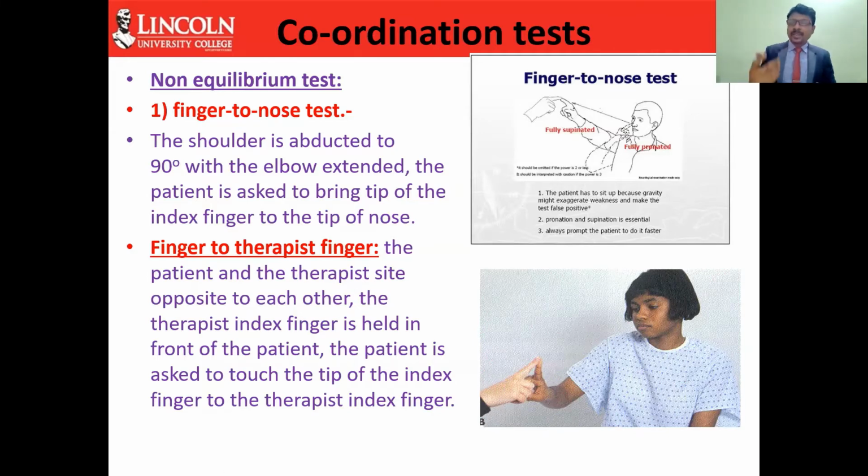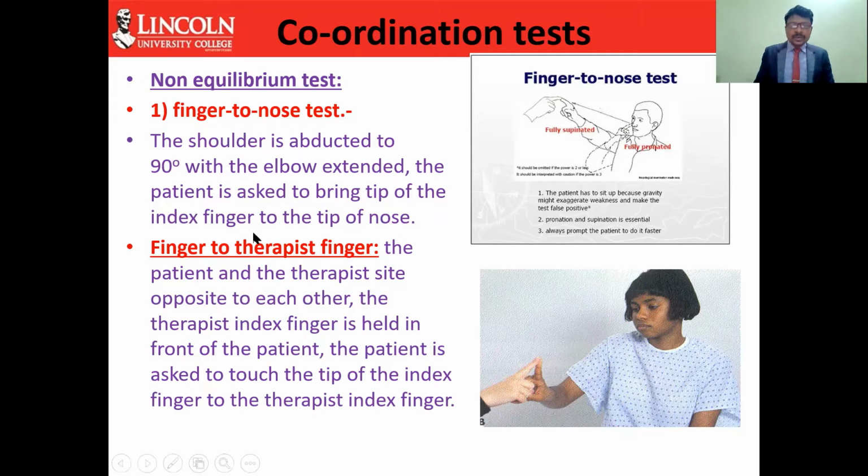But those with impaired coordination, for example an injury in the cerebellum, will find it difficult to locate the nose, or unable to judge the exact distance between the finger and the nose. They will get shivering and shaking, which indicates impairment of coordination.